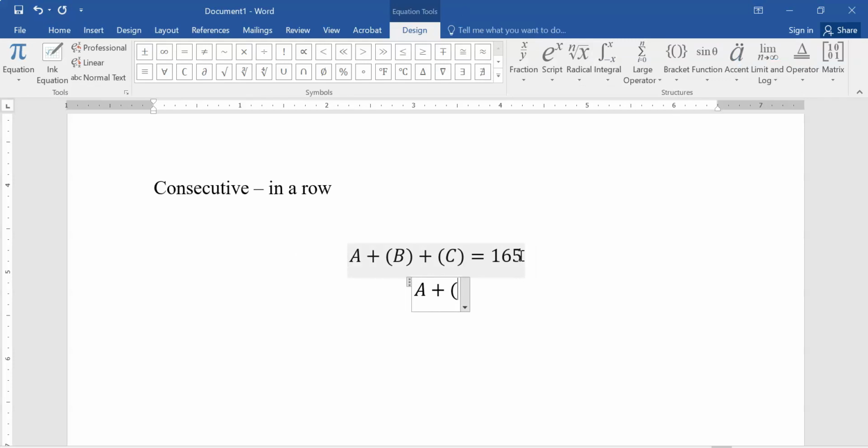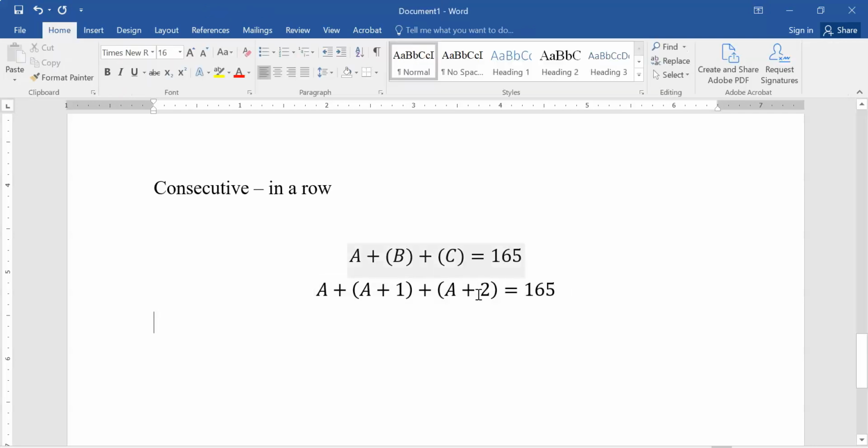B, the second number, has to be 1 more than A. And the third number has to be 2 more than A. In order for those to be consecutive integers, I have to have that. And there you go. That's an equation in one variable that I can solve.